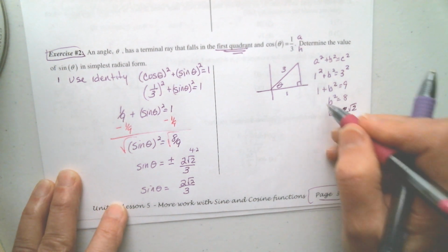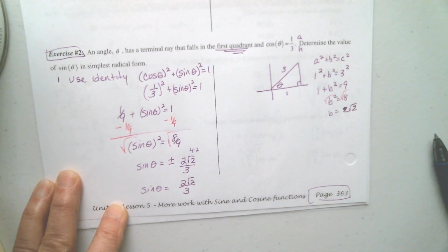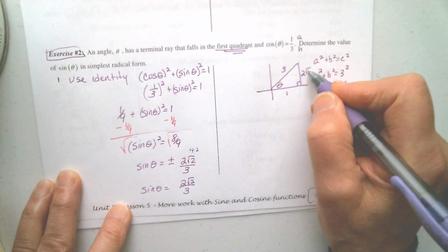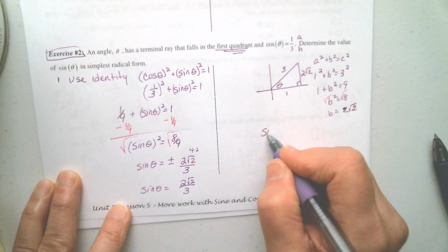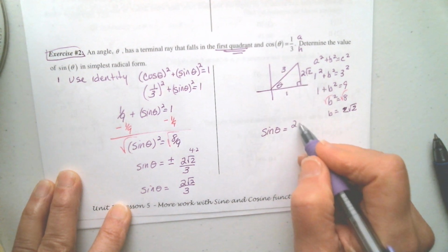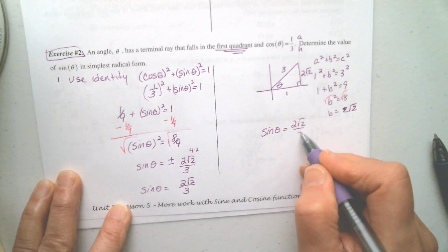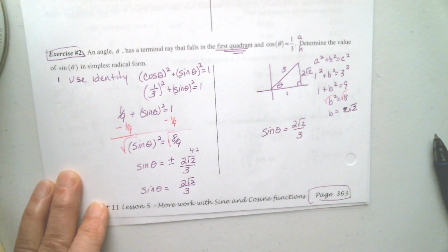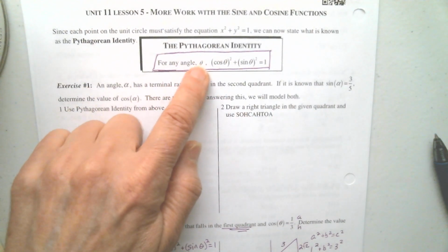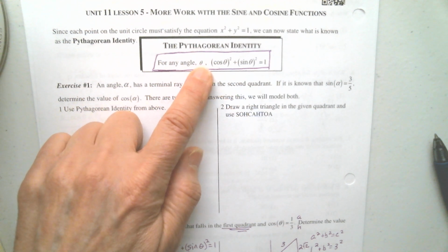Right, square root each side. We're in quadrant 1 where sine is positive. So if this is 2 square root of 2, then our sine of theta is equal to opposite over hypotenuse. So this, what's considered the Pythagorean identity, can be used for any angle.